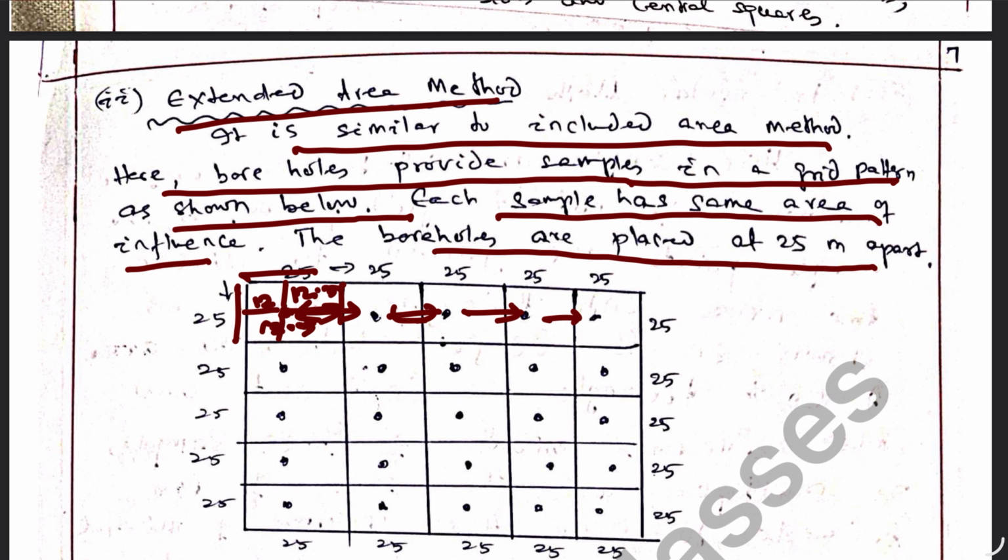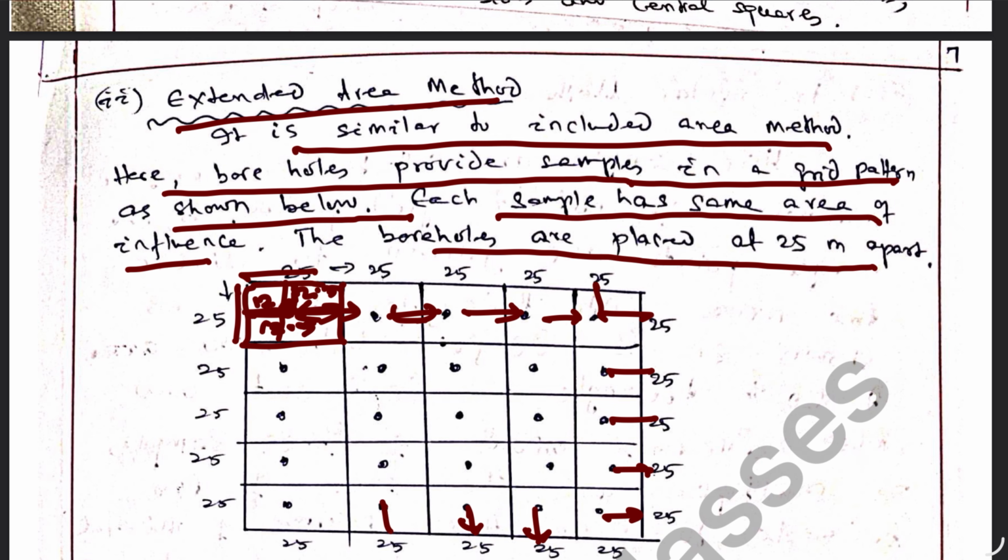So it becomes 25, it becomes 25, at the center of which the sample is located. So the area of influence of this sample point has been extended beyond the sample point sideways by 12.5 meters, 12.5 meters, 12.5 meters, 12.5 meters, extend further.